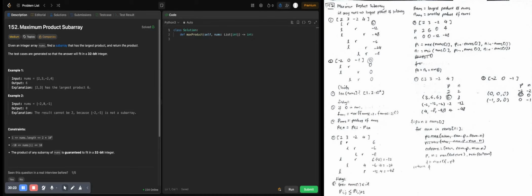We could initialize the answer to the first element, and then as we move along, we could check whether the positive has grown larger. And P cannot be 0 unless we got the 0 there. So what we could do is we take the max of nums of 0.